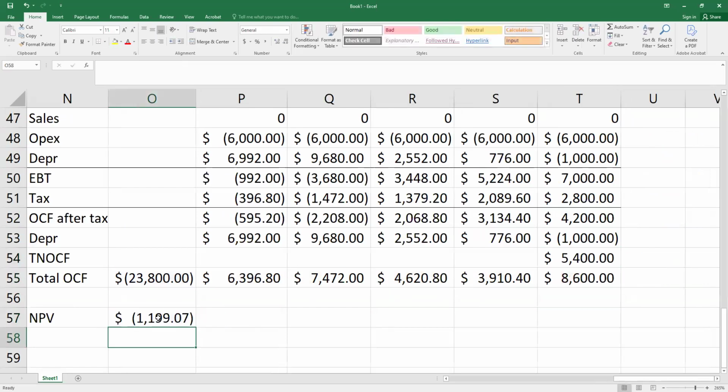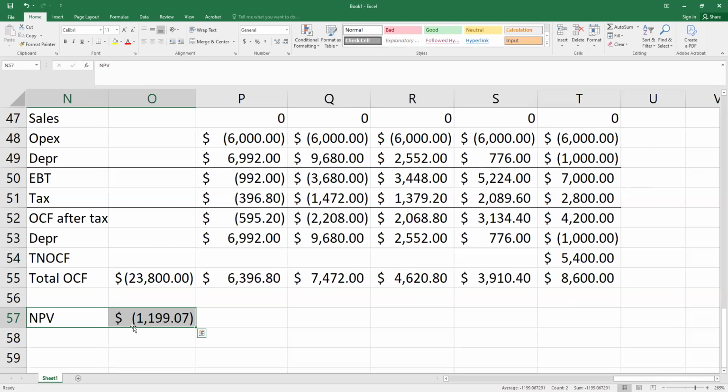And as you can see, our NPV is negative. What does it mean? Would you replace this project? No, because it is negative. But if you didn't know these techniques for how to evaluate the project, you might have said we should replace it because it saves the cost from 14,000 to 6,000 to 8,000.